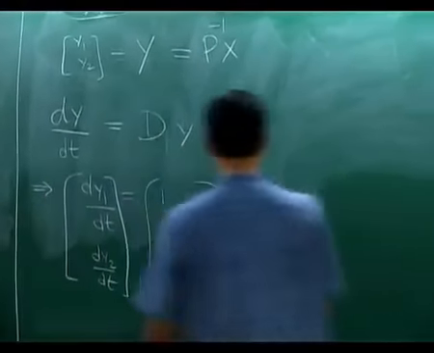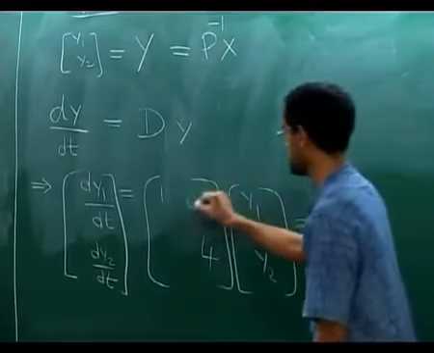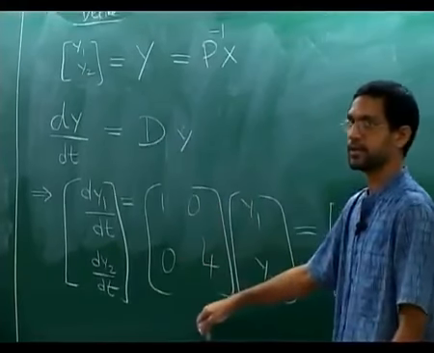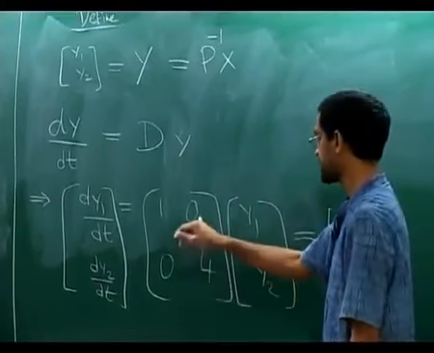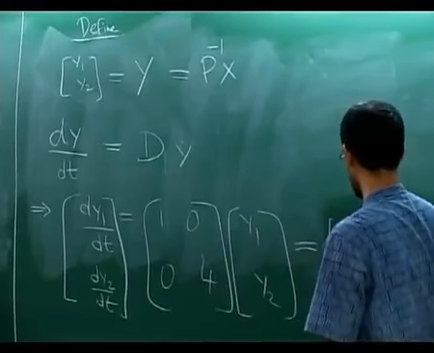So now let's see, the right hand side is what? This is a diagonal matrix. That's a very important thing here. Because you have diagonalized it, the first equation only involves y1, and the second only involves y2.